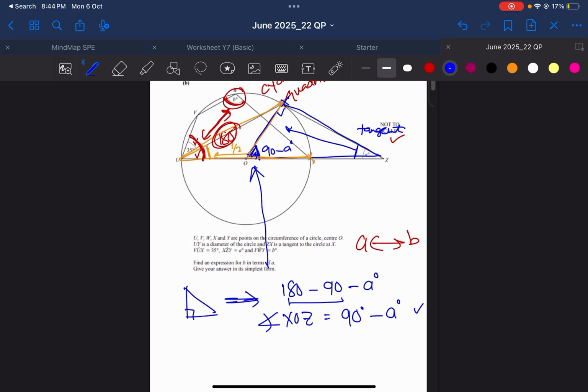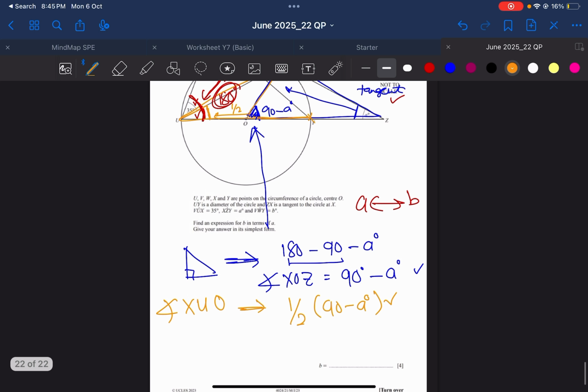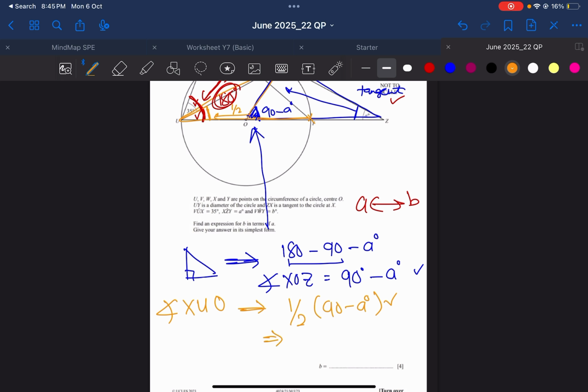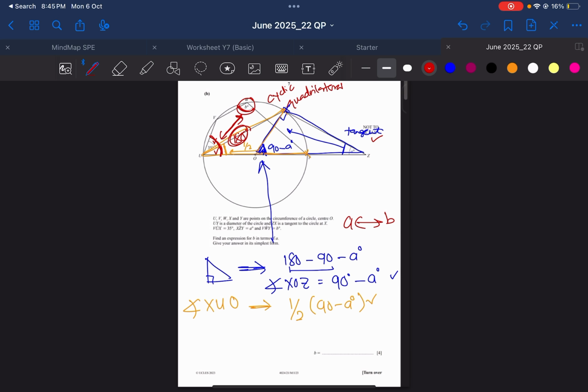Towards the yellow one, what is the relationship to the yellow angle, which is XUO, or Y, same thing. Angle XUO is by half. So half of the blue will give me that angle. Okay, so far so good. I can either leave it like that or expand. I'm just going to expand, sorry. And then the red one. The red one, when added to the top one and the bottom one, should give me 180.